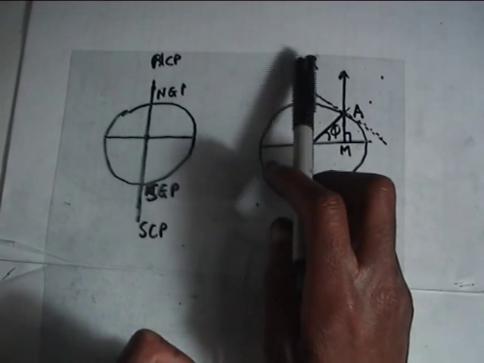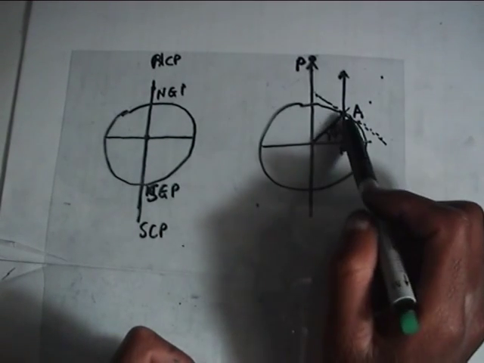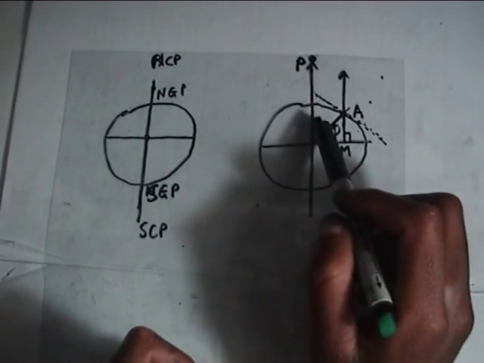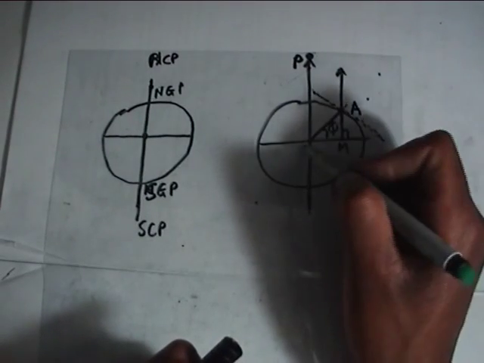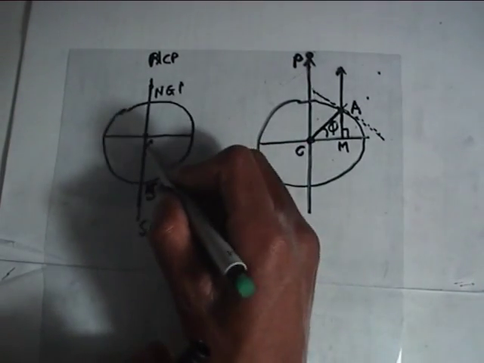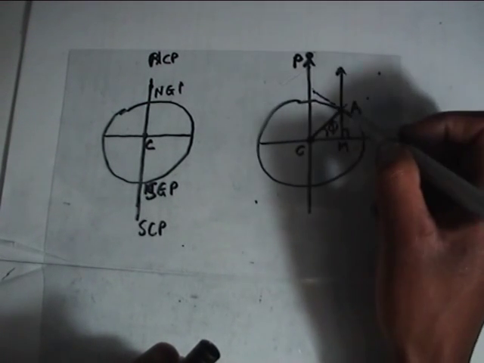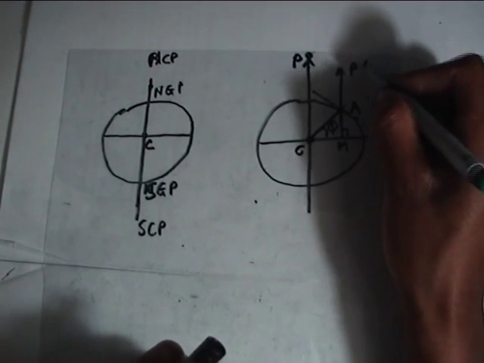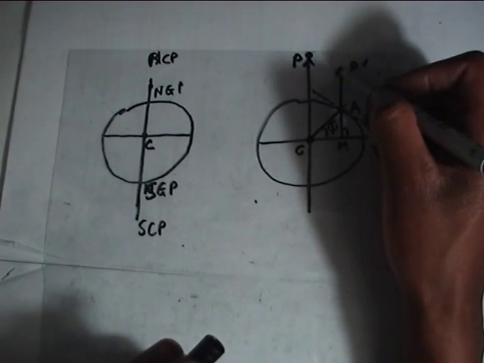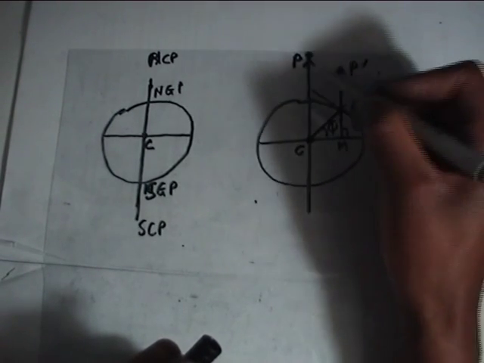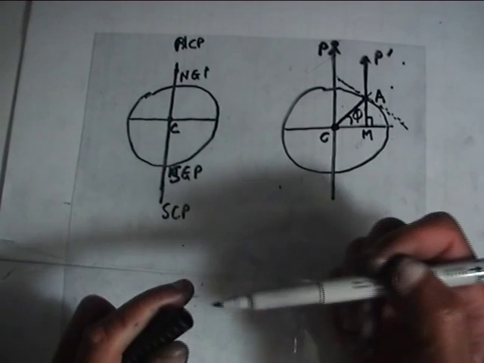Now we are going to draw a line AP1, which is parallel to CP. This is going to be our C. This line AP1 we are just going to call AP prime. It's obviously parallel to CP.